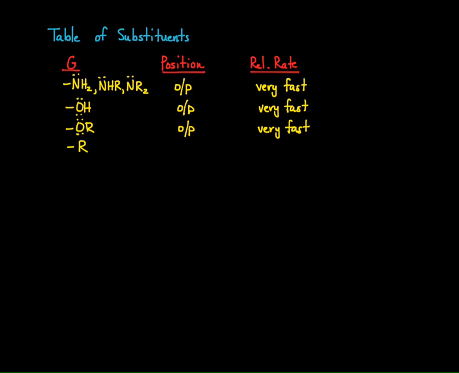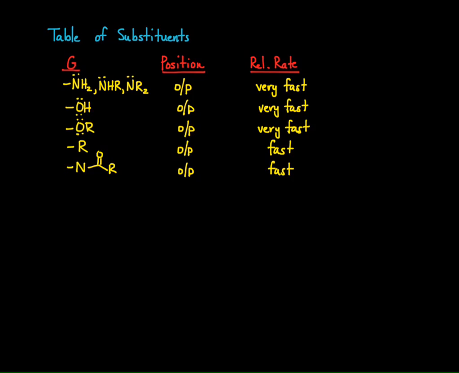When you have an alkyl group on the ring, we know alkyl groups donate electron density. We'll talk about that in just a bit. They're OP directors, and they're fast. They're not quite as fast as the first 3 types of groups, but they are fast relative to benzene. Likewise, you can have an amide coming off of the benzene ring, where the nitrogen is attached to that benzene ring, but the nitrogen has a carbonyl group attached to it.